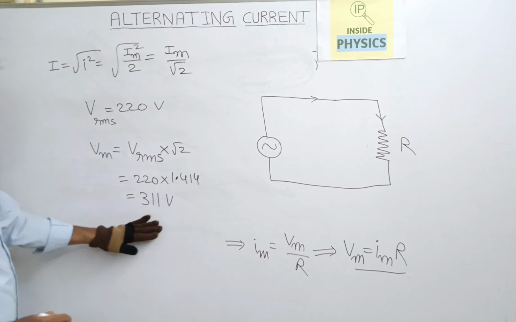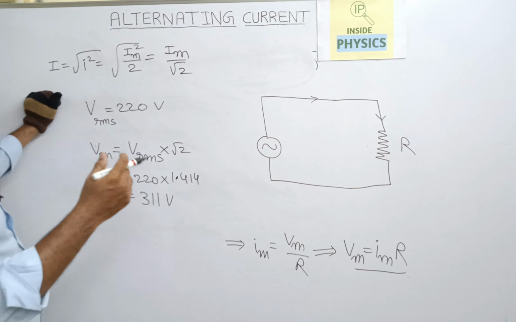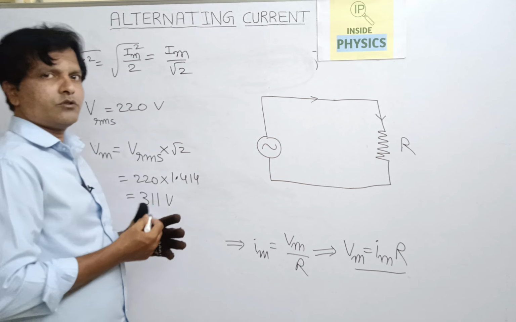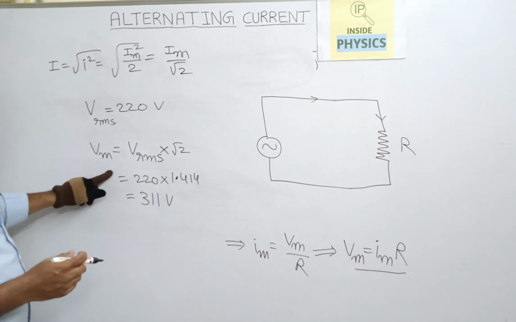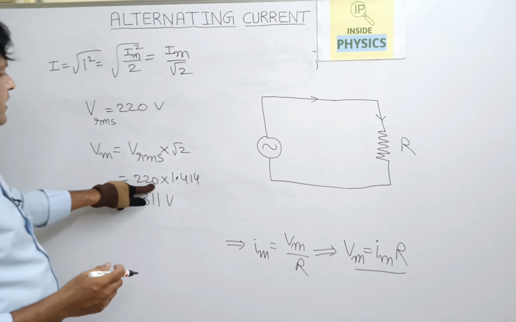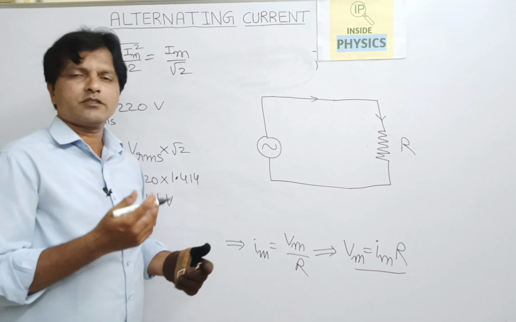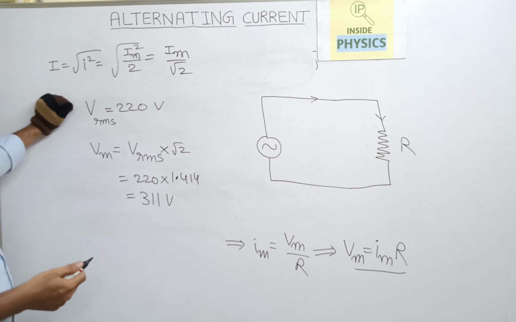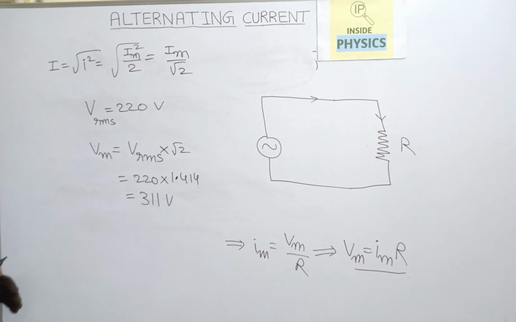This 311 volts is the actual peak potential difference coming through our mains supply. So this RMS value is the effective potential difference we have in our homes. This is the concept of RMS current and RMS voltage.